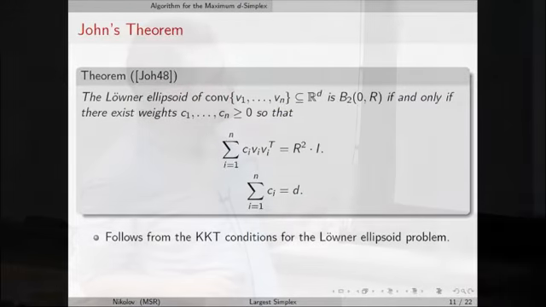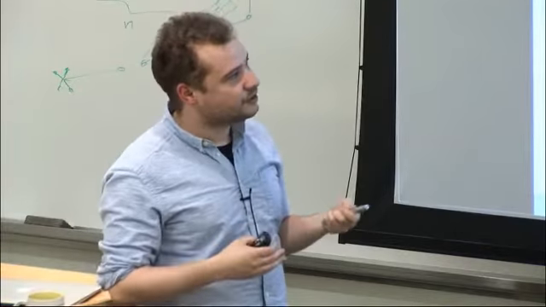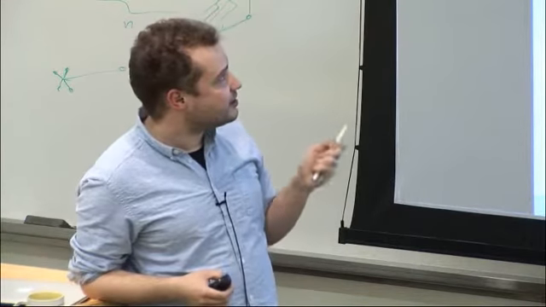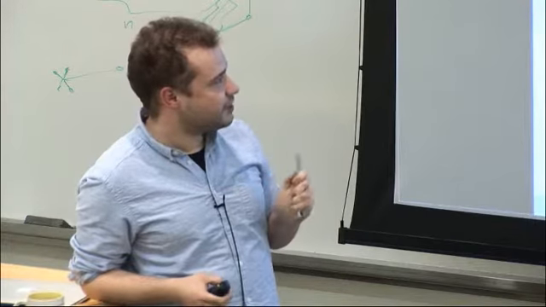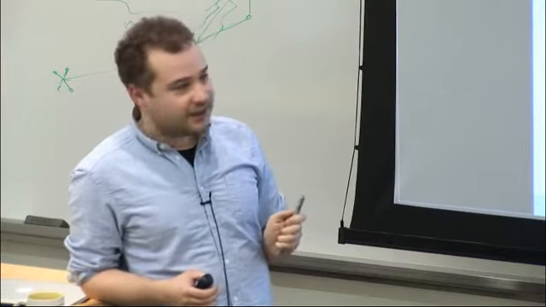OK, so this is what we get from convex duality about this Löwner ellipsoid. This is a dual characterization of what the ellipsoid is. I guess this is John's theorem in some restatement. And here's what it says.